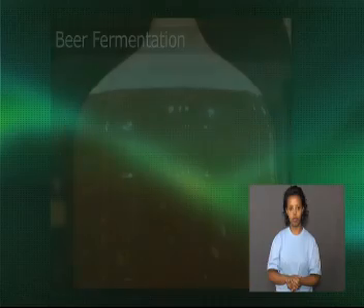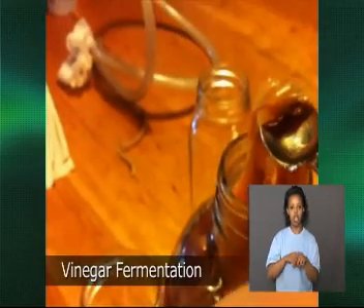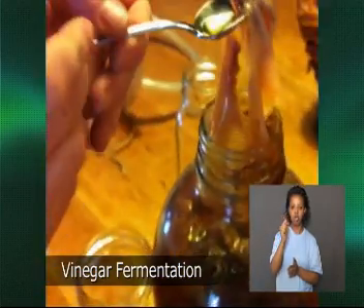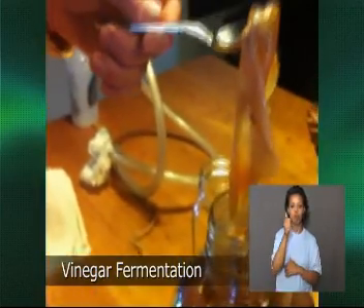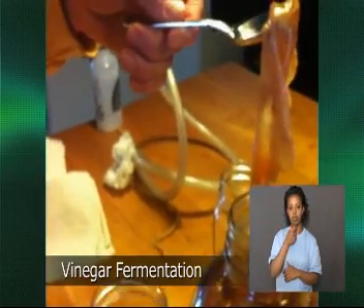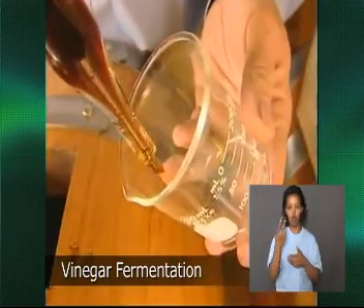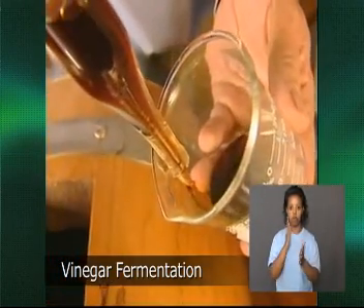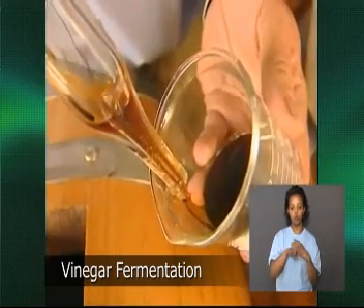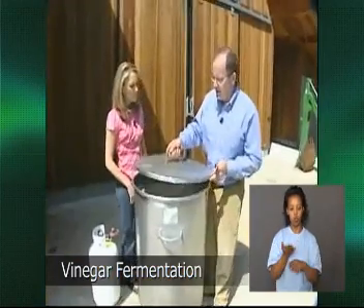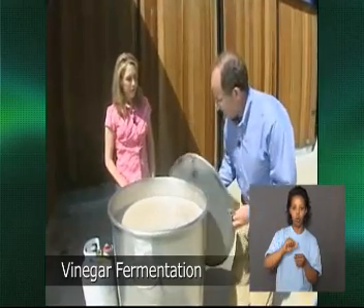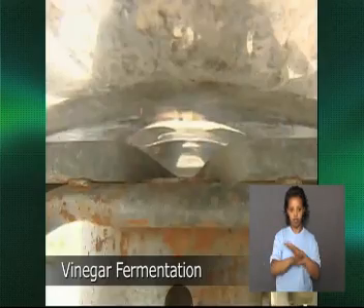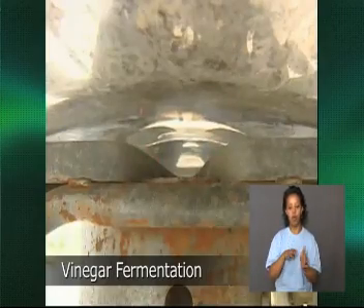When making vinegar, special bacteria called acetobacter oxidize the alcohol to ethanoic acid in beer, wine, or cider. The fermentation occurs in a special fermenter filled with wood shavings. The alcohol is sprayed in the fermenter from the top and seeps down through the wood shavings and bacteria.